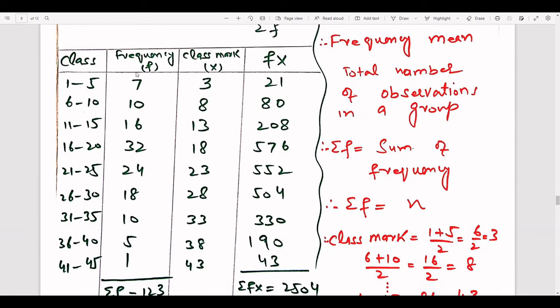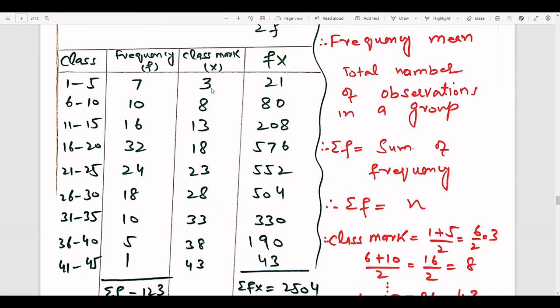These are the classes and this is the frequency. x is the class mark. How do we obtain the class mark? Through the classes. Lower class 1 plus upper class 5, 1 plus 5 divided by 2, 6 by 2 is 3.